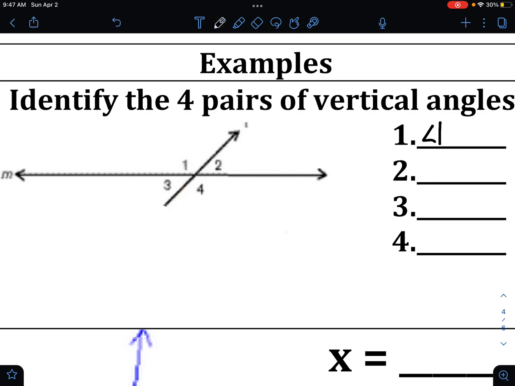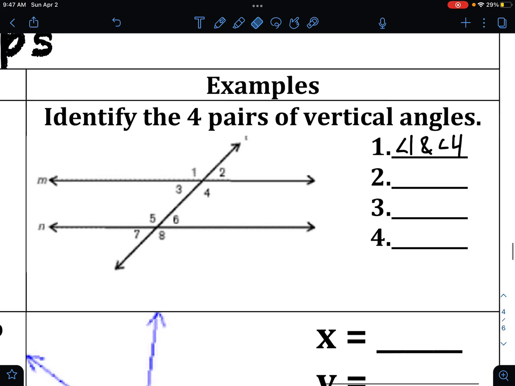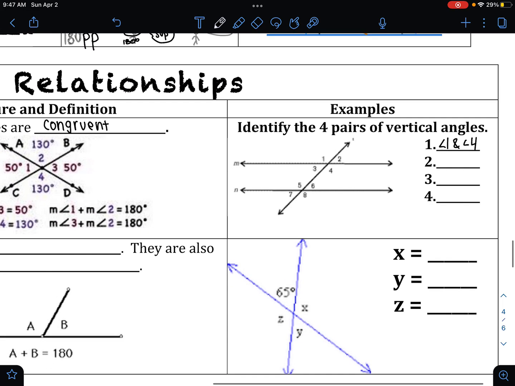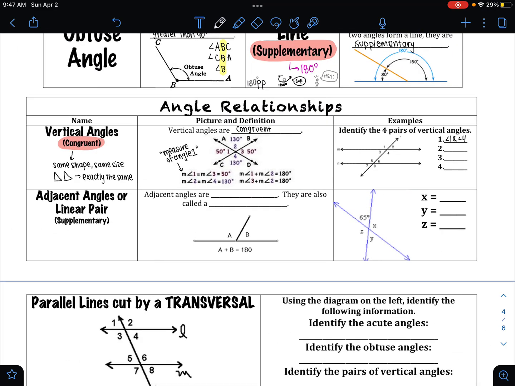Those are vertical angles. Okay, so I'm going to put that back. Using that, there are 3 other pairs of vertical angles, and they're not supposed to overlap. Using that, you can figure that out. Okay, so that's vertical angles.